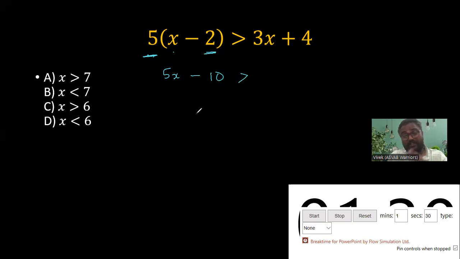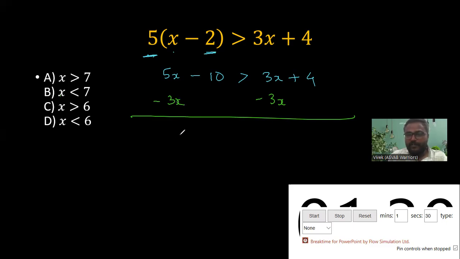The inequality remains as it is. And here we have 3x plus 4. Do all the operations as we did in yesterday's class for equations. I will subtract 3x from both the sides. What do we get? 5x minus 3x is 2x, minus 10 greater than 4.